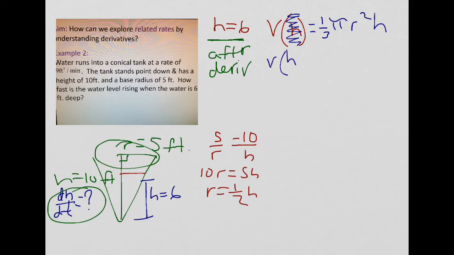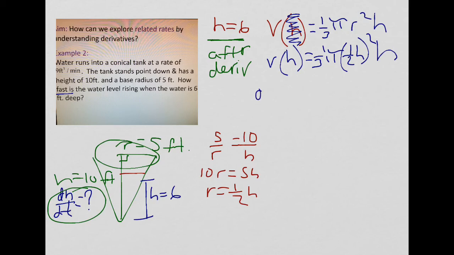But if I substitute that r is 1/2 h, now we can figure out how fast the water level is rising. This is more like a modeling and optimization problem, but it is a rate, so it's really a rate problem. That's why we have to focus on understanding all these lessons one after the other, and ask questions if you don't understand something.